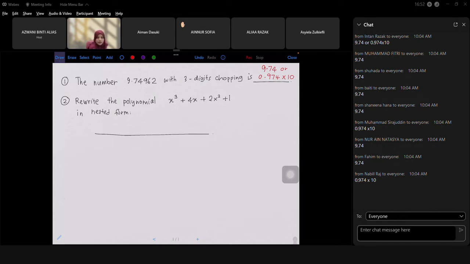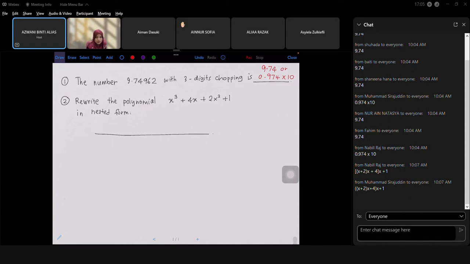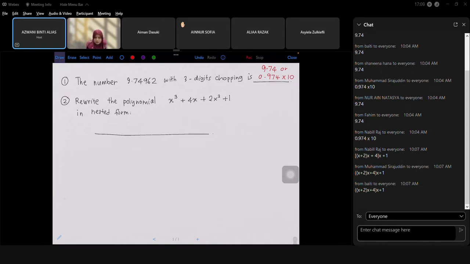First, the step is to arrange, okay? Arrange in descending order so it is easier to see from the highest degree to the lower degree. Okay, Nabi has answered x plus 2, x. Alright, so that is right.